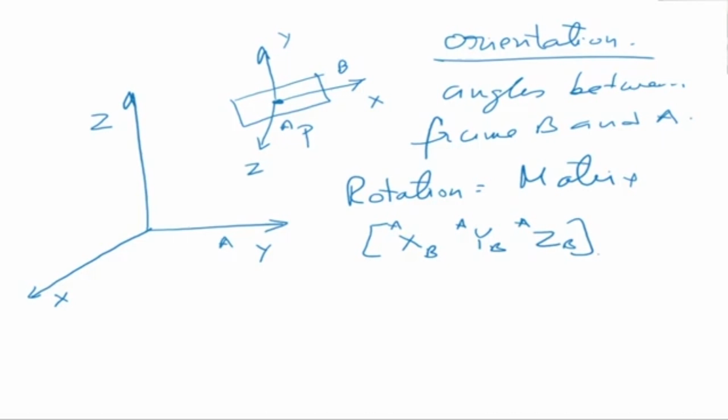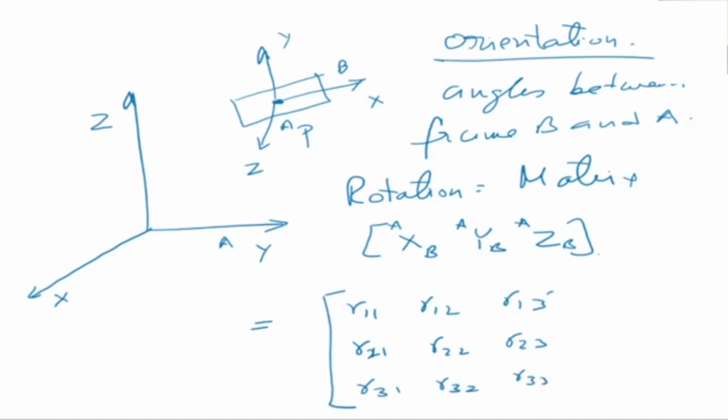So this is the matrix, and if I write it in this form, it will basically be R11, R12, R13, R21, R22, R23, then R31, R32, and R33. Each of these corresponds to this.